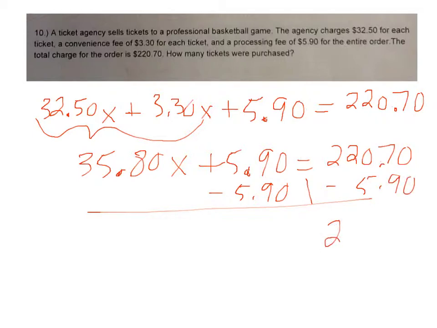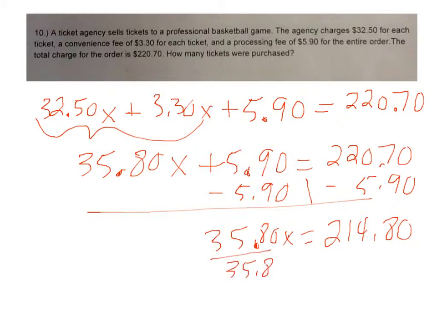That gives me $214.80, and I have 35.80x. Going to divide both sides by 35.8. And when you do that, we're going to find out that it's going to be 6 tickets.